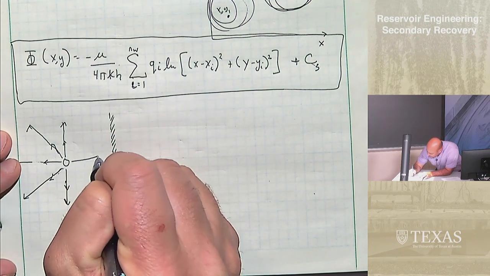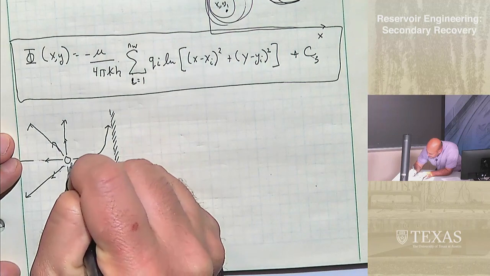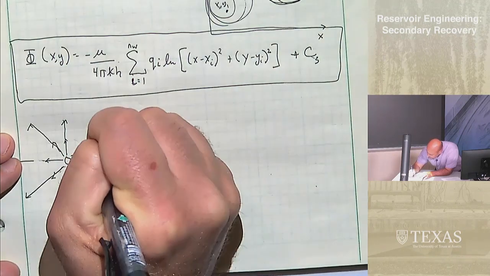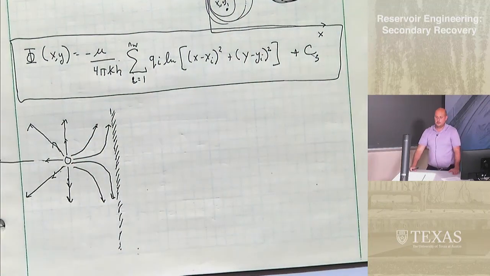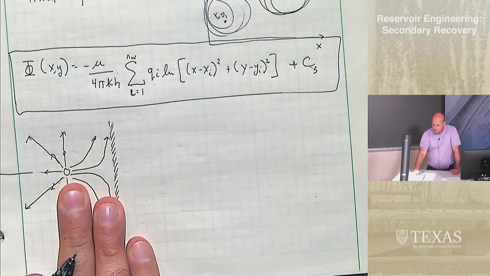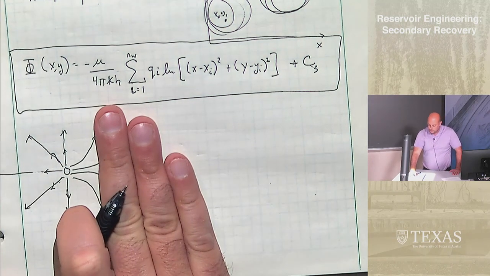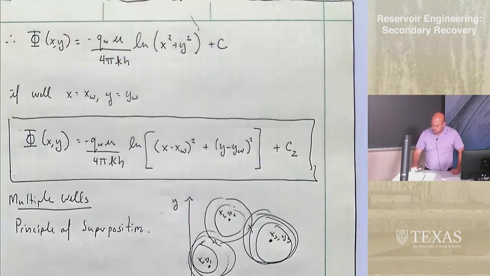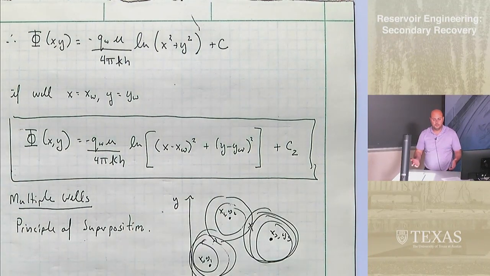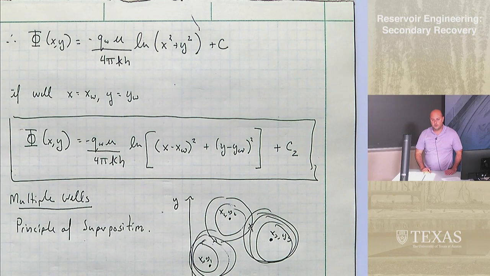It wants to go this direction, but then it's got to turn up, and it's got to go over here, and it's got to turn down, right? Okay, so you had radial flow over here. So if you didn't have this fault, it would be super simple. You could just use basically this solution over here. You have one well. You don't have to use principal superposition because you've only got one well.